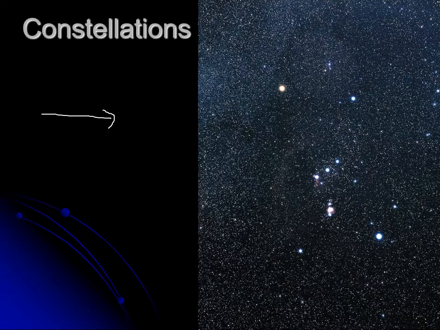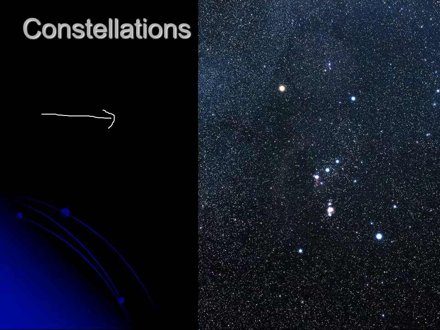The Romans pretty much absorbed a lot of the Greek culture. They just renamed all the Greek stuff in Latin. But this is a Greek constellation right here. Much of our Western civilization has come from Greek and Roman culture.